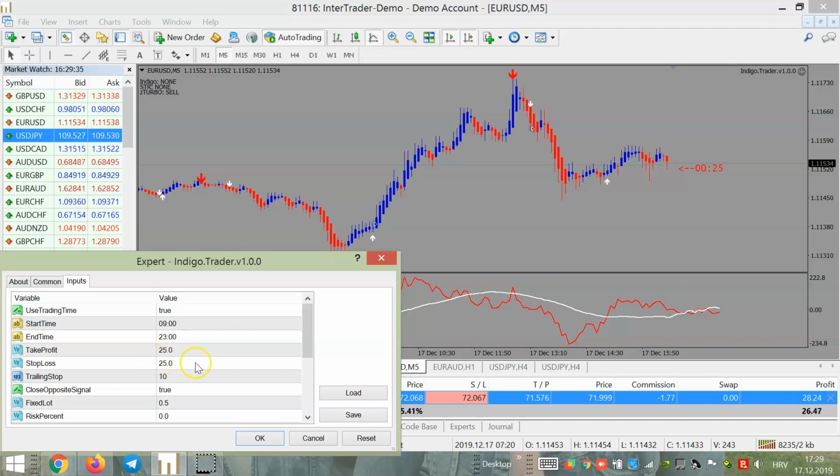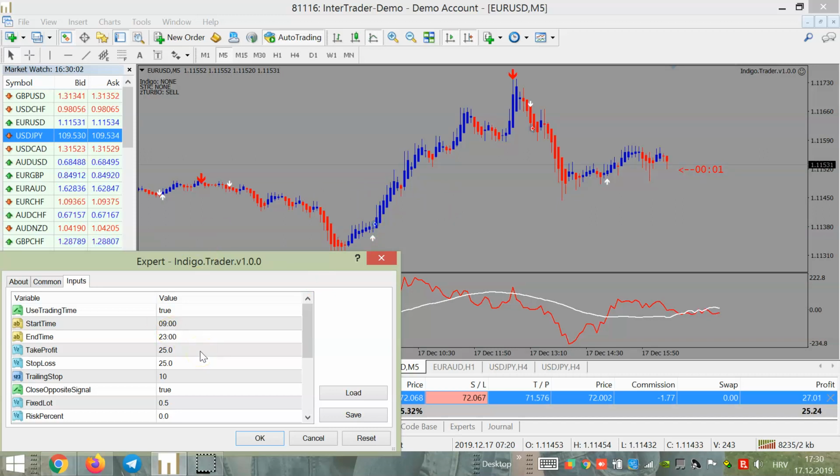You can put 10 pips and stop loss 10 pips, and then if you put it, it will close on 25 pips. So take profit 25 will be activated.